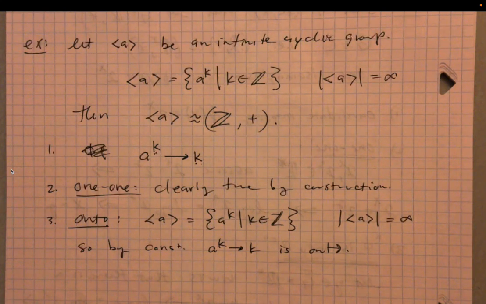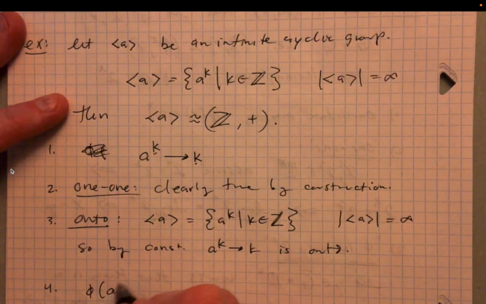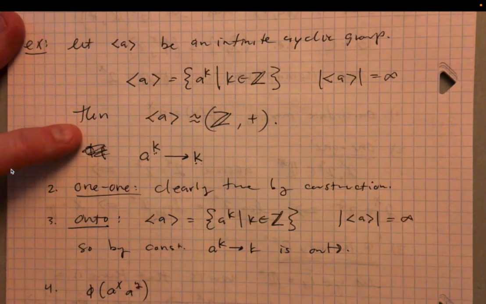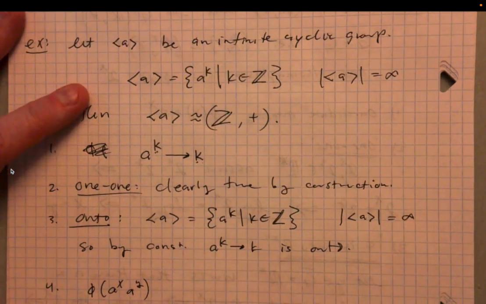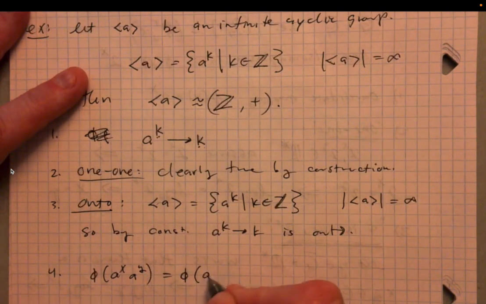How about, does the mapping preserve operations? Let's see. We'll start with two elements in A, a to the x and a to the y. If we combine the elements to begin with, then we have phi of a to the x plus y.